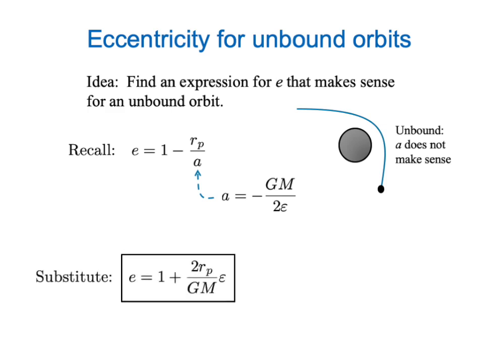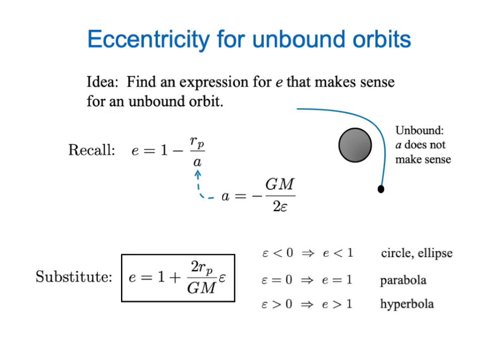The eccentricity is 1 plus 2 times the paracenter distance over GM times the energy. And if the energy is less than 0, this gives you an eccentricity that's less than 1, like a circle or an ellipse. If the energy is equal to 0, then the eccentricity is equal to 1, a parabola. And if the energy is greater than 0, then this expression gives you something greater than 1, just what we need for a hyperbola.